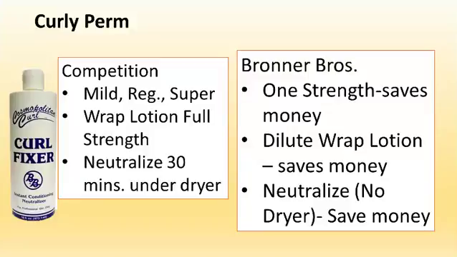And the thing about this whole strategy, Bronner Brothers didn't realize that they had these advantages until my partner and I told them and revealed this strategy to them. So this ended up being a very winning strategy for us and our client.